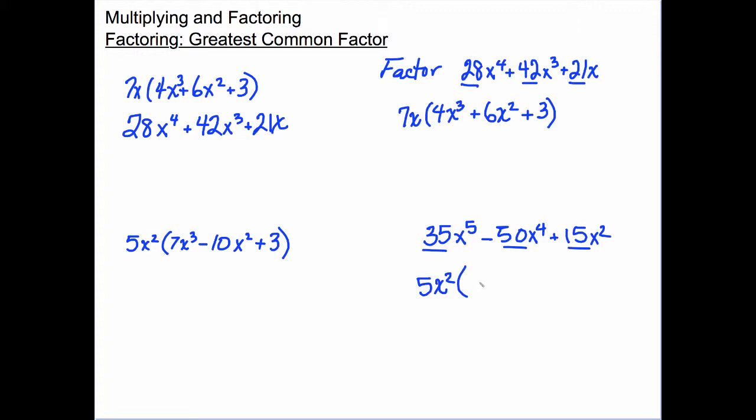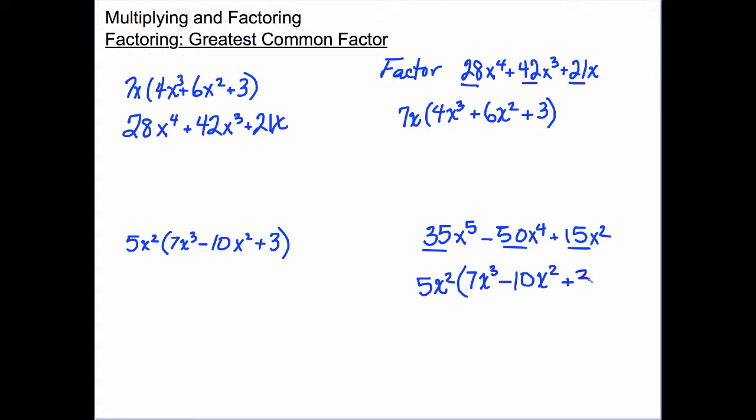Now 5 times what equals 35? That's 7. X squared times what equals x to the fifth? That's x to the third. Minus 5 times what equals 50? That's 10. And x squared times what equals x to the fourth? That's x squared. Plus 5 times what equals 15?